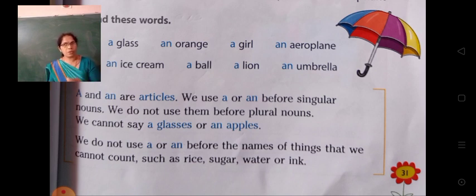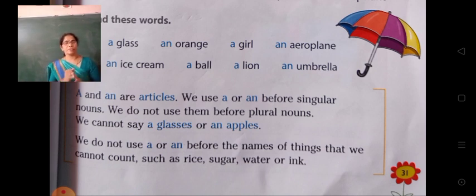We cannot say a rice, a sugar, a water, that is wrong, because rice, sugar or water we cannot count. So no, we cannot use a or an before such nouns.